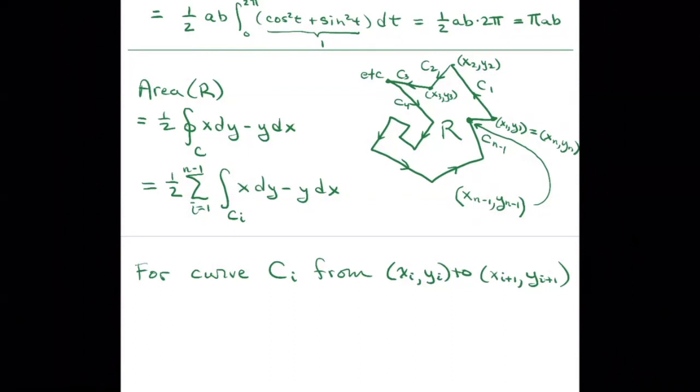Okay, then what would that integral look like if we were just doing the integral over Ci of 1/2, and I'll go ahead and move that in. So then you'd have the x dy minus y dx.